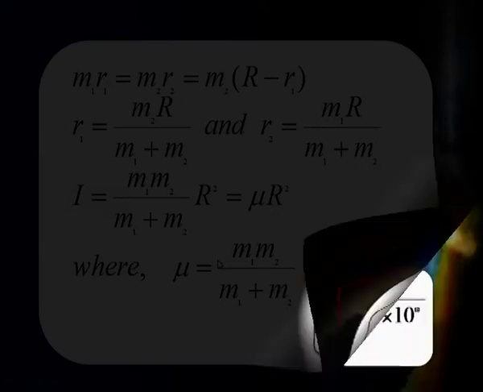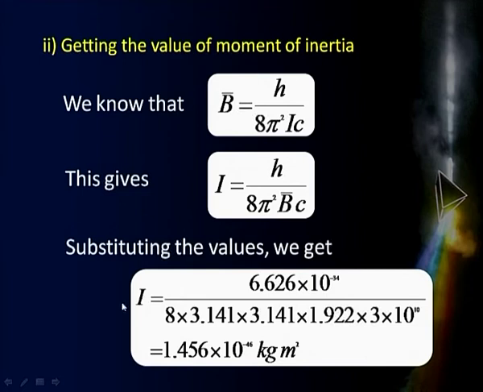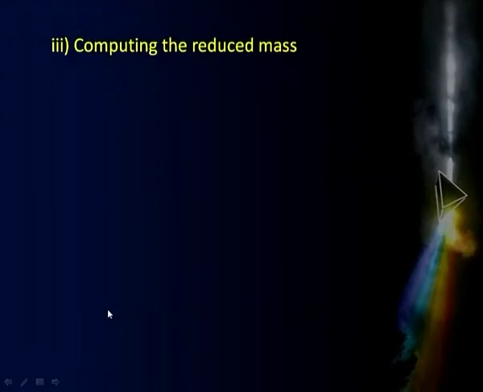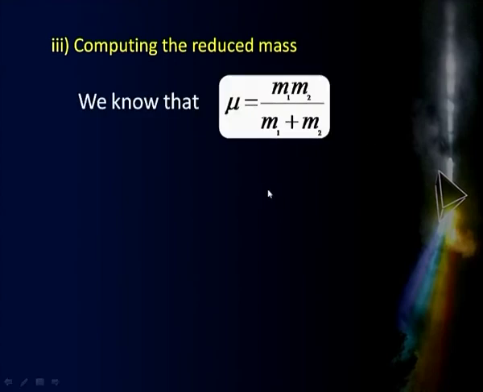So, having got the value of I, to get the value of r I must know what is the value of reduced mass. So, the next step is we compute the reduced mass, and by definition our reduced mass is m1 into m2 by m1 plus m2, where m1 m2 are the masses of particle 1 and particle 2, or in this case our atom 1 and atom 2.